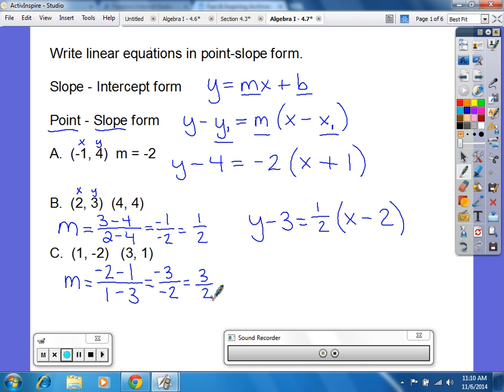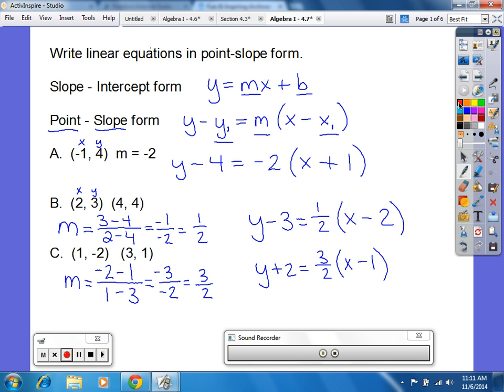Then I pick a point. I'm going to use the first point again. So my equation would be y minus a -2, so y plus 2 equals 3/2 times x minus 1.